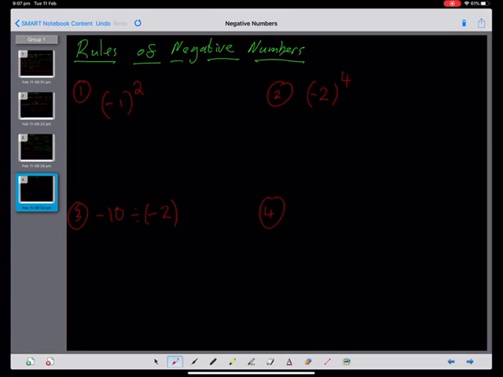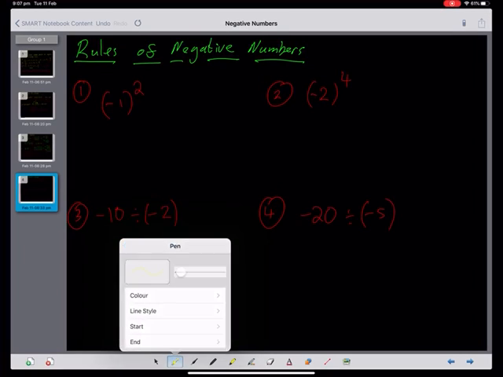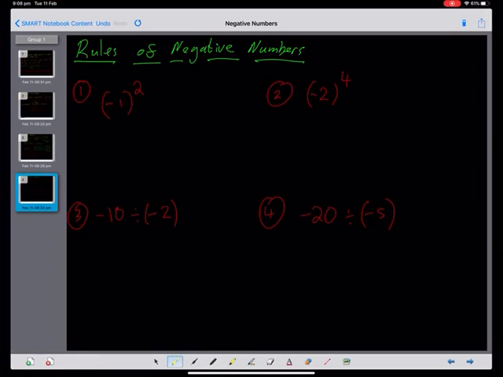And let's do negative 20 divided by negative 5. Okay, so pause the video and have a go at doing these questions. Okay, so hopefully you've done these questions. So listen for the solutions.